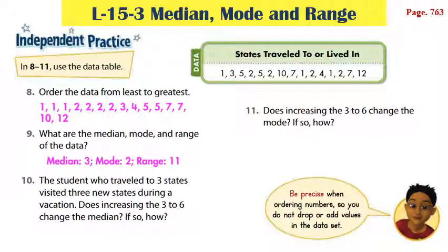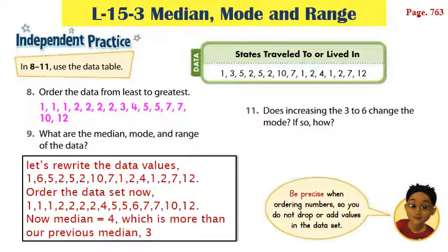Let's rewrite the data values in order: 1, 1, 1, 2, 2, 2, 2, 4, 5, 5, 6, 7, 7, 10, 12. Now median equals 4, which is more than our previous median, 3. Okay, so what will be the answer for the mode? No, the mode is still 2.